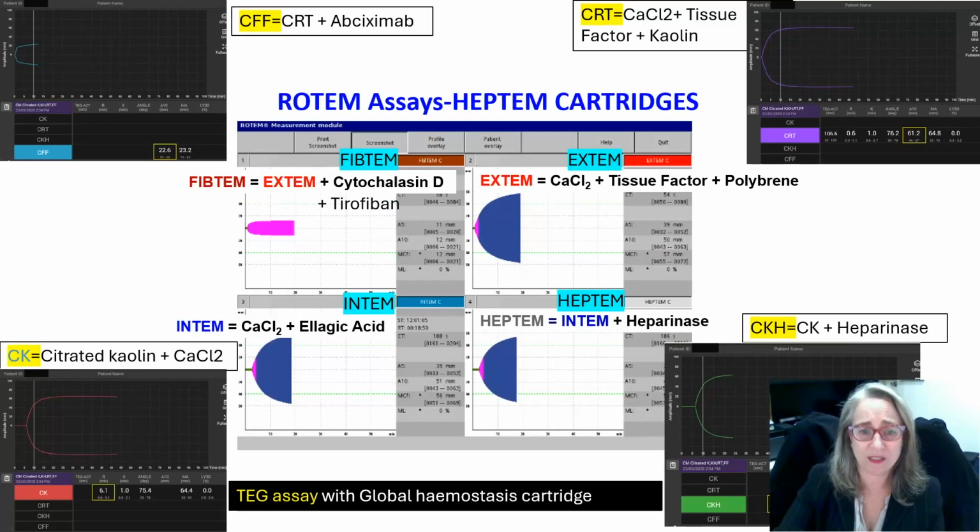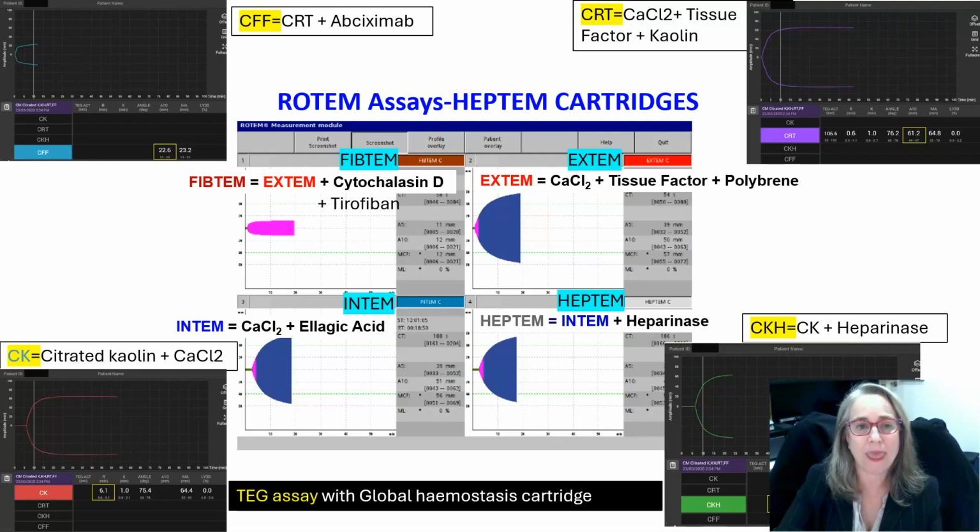This is a slightly scary slide, so I'd like you to focus on this slide a quarter at a time. So let's start at the top right, the XTem. Now, I already mentioned that the XTem looks at the extrinsic pathway. So looking at the whole top right of this image, forgetting about the rest of it, there's 2 different pictures. One of them is the Rotem XTem. It's got tissue factor and calcium chloride, but it's also got some polygreen to remove heparin.